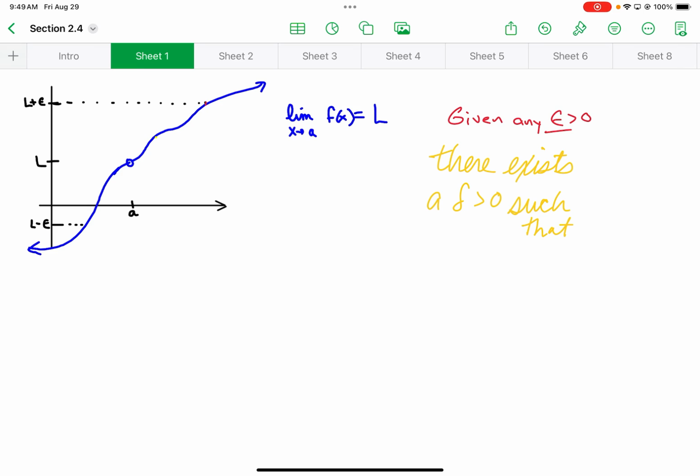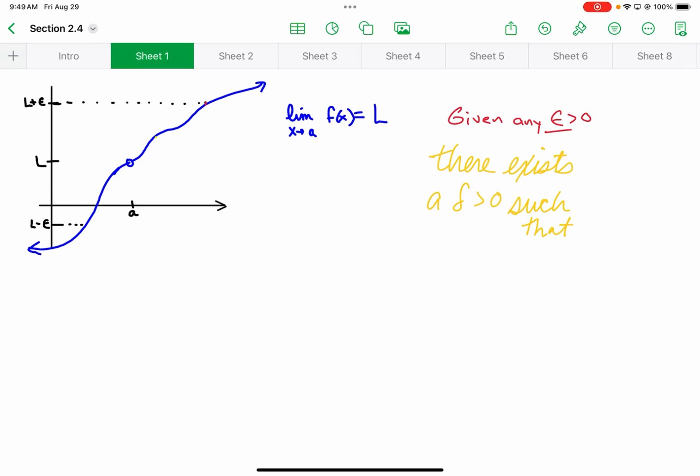Basically what this is having us do is pick some random arbitrary number, let's call it epsilon. Epsilon is written like this, just like a formal Greek E. If I add it to L, then L plus epsilon is here and L minus epsilon is there.